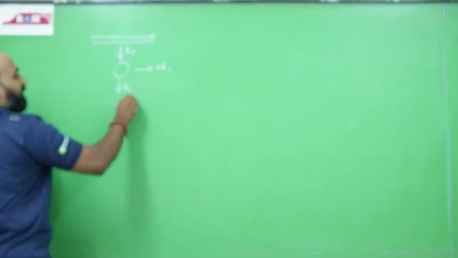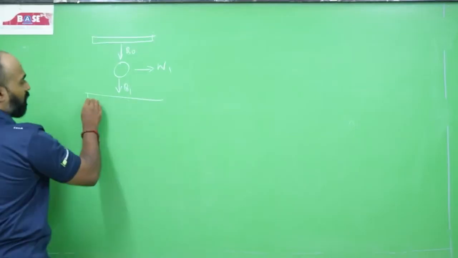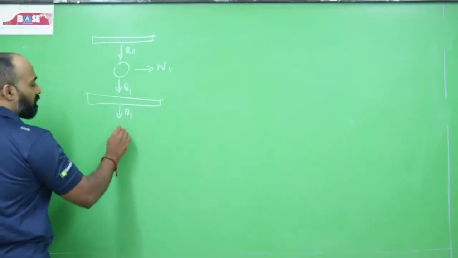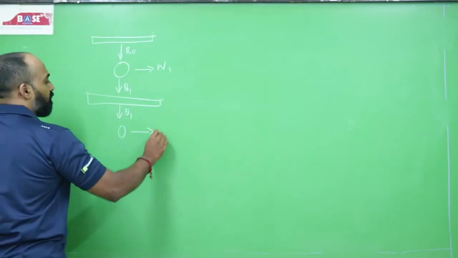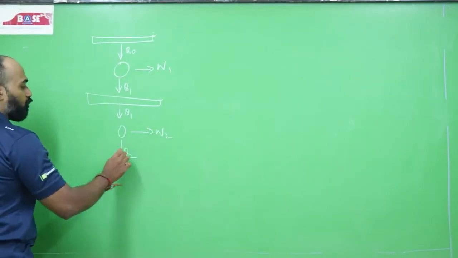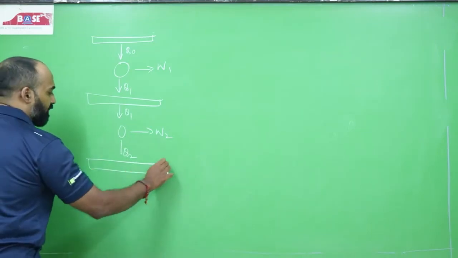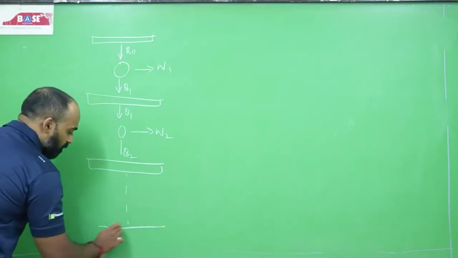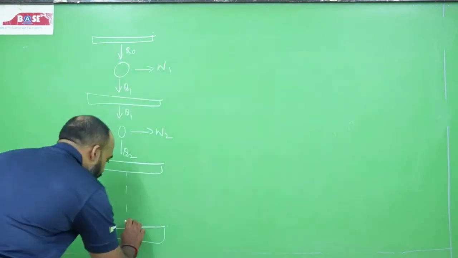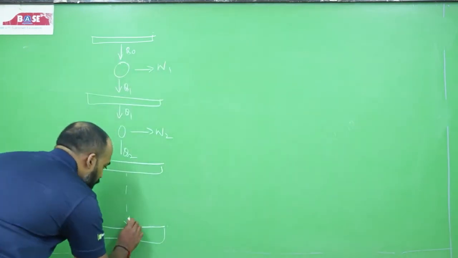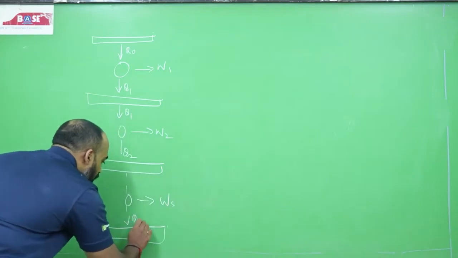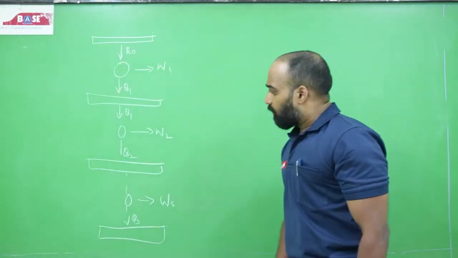Some Q1 amount of heat is rejected here to the second reservoir, and that becomes the input for the next Carnot engine, where the output work is W2, and some Q2 amount of heat is rejected, and so on all the way up to the last one, where some Q5 amount of heat is rejected.